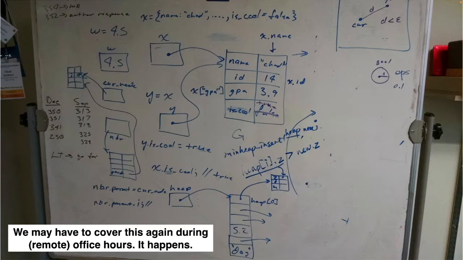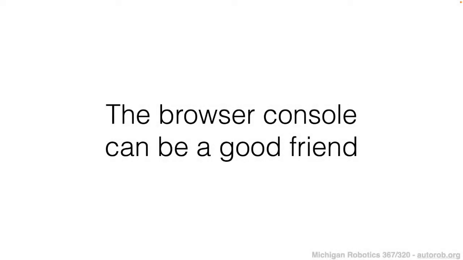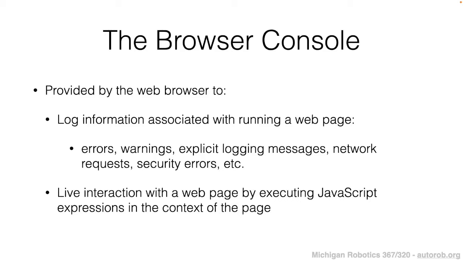One tool I would recommend using as you start to work on your projects is the built-in browser console. This is a really useful debugging tool that's built into modern web browsers. So what is it? Like I said, it's built into modern web browsers, and it's used to log information associated with a web page. This could include errors, warnings, logging messages, security errors, all sorts of things.